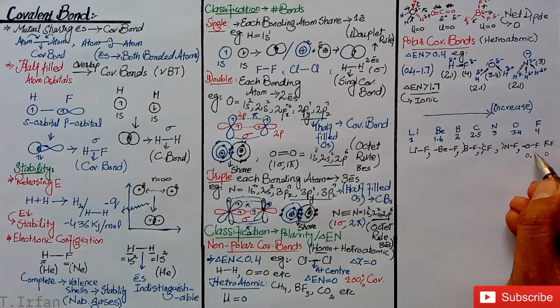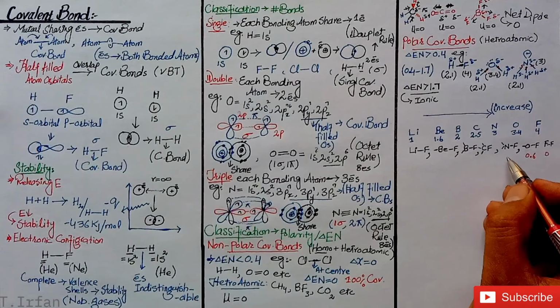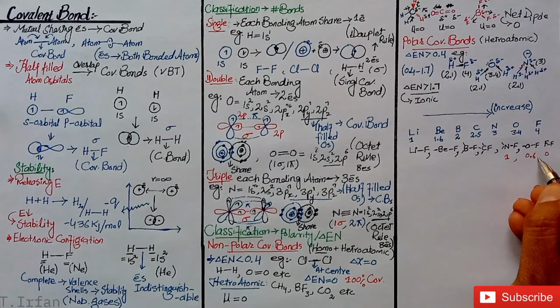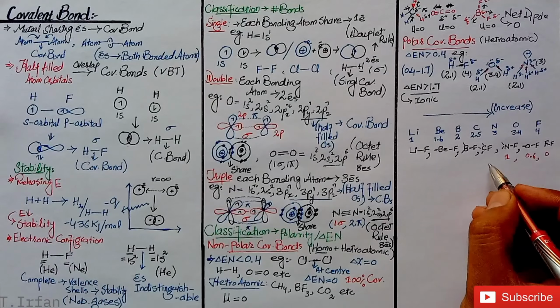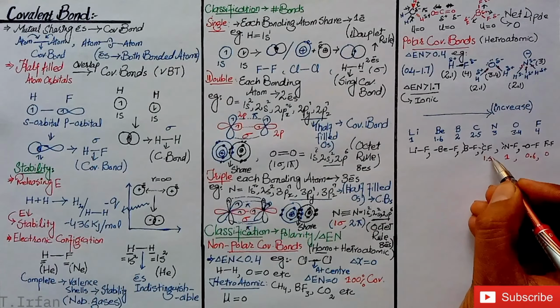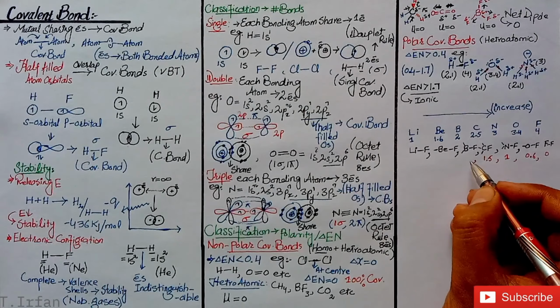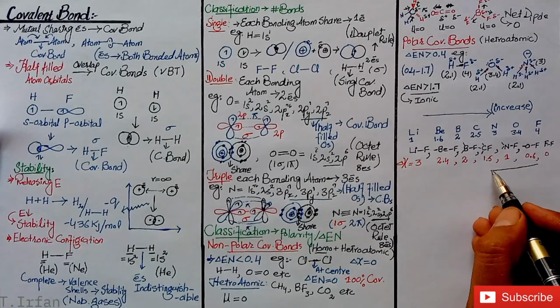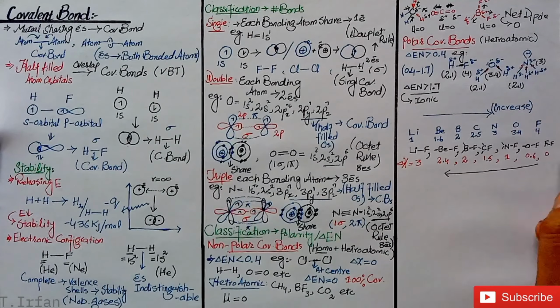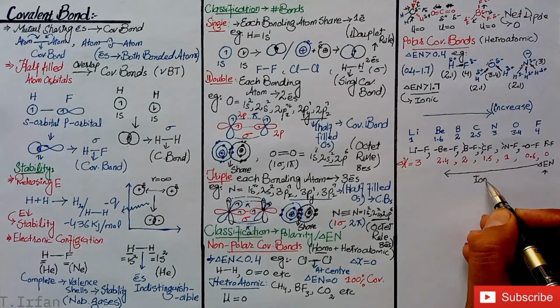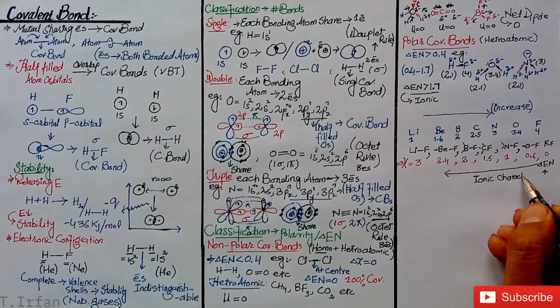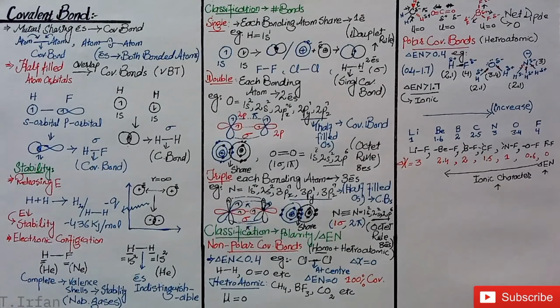And as the electronegativity difference increases from right to left, the bond turns from non-polar covalent bond to polar covalent bonds, and then ionic bonds. But here the fluorine molecule is a 100% covalent bond, which has zero electronegativity difference.